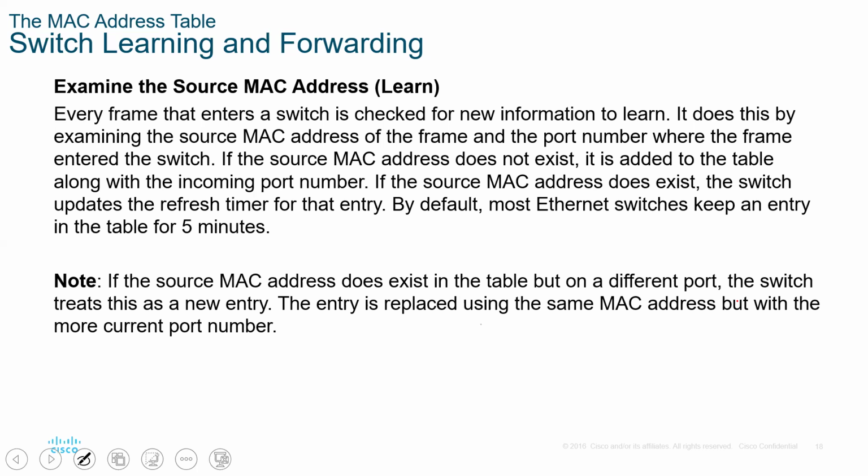So if the source MAC address does not exist, it is added to the table along with the incoming port number. All right, so this is the port number, this is the MAC address. Once it takes in the source, it's going to put the port number of the source and the MAC address of the source. That is what it does.